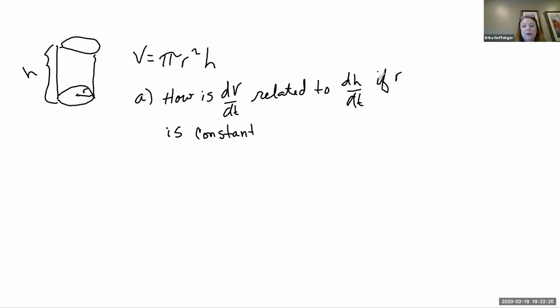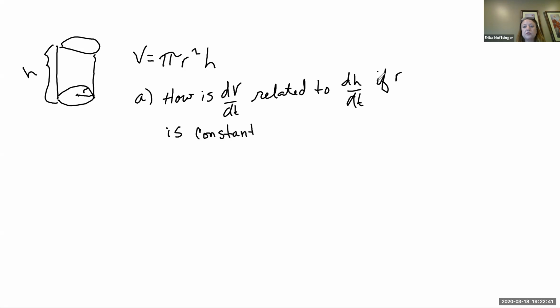And so same kind of process that we were doing before, we want to take the derivative. So our volume is increasing. If we're pouring in water, the height's going to be increasing with respect to time, and the volume is going to be increasing with respect to time.